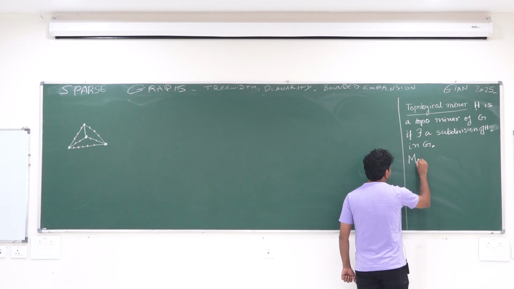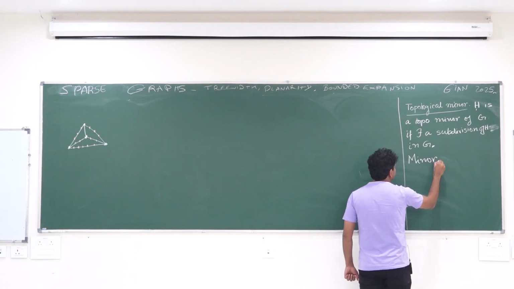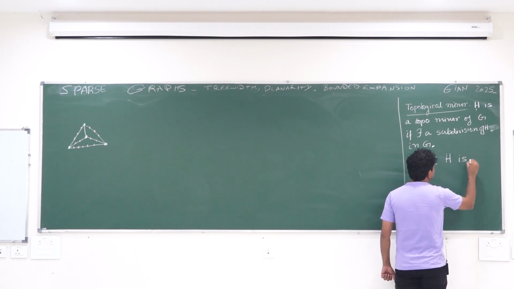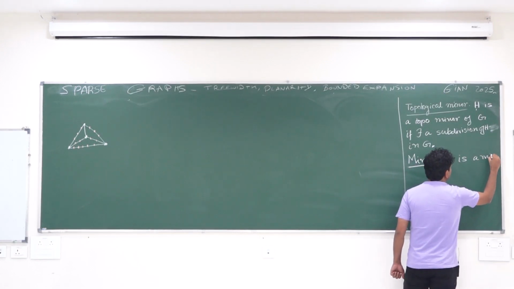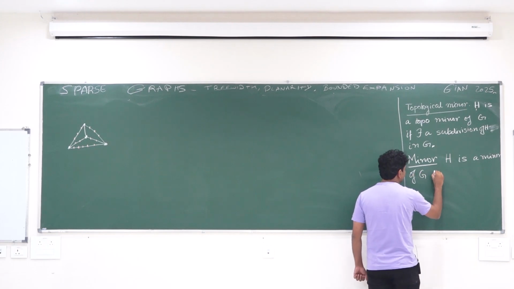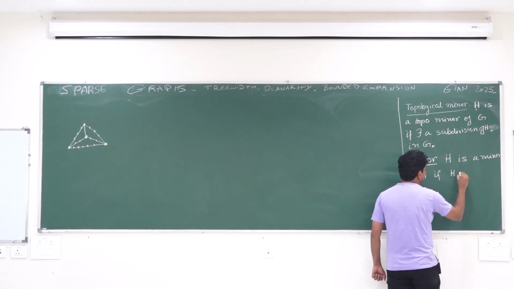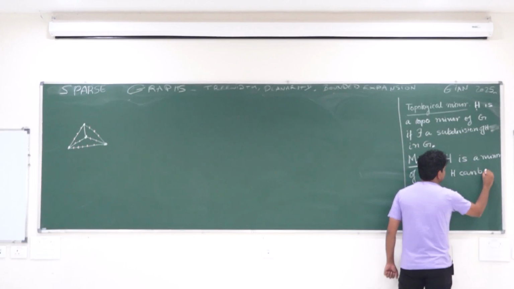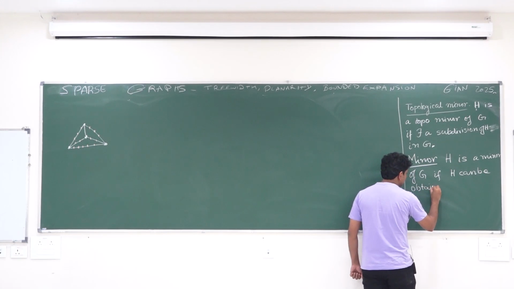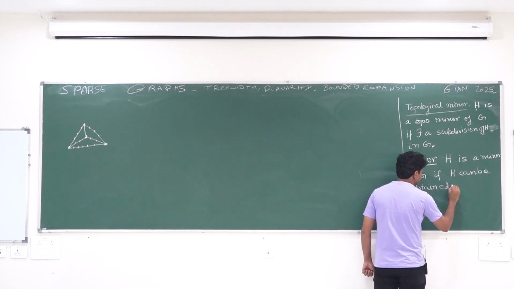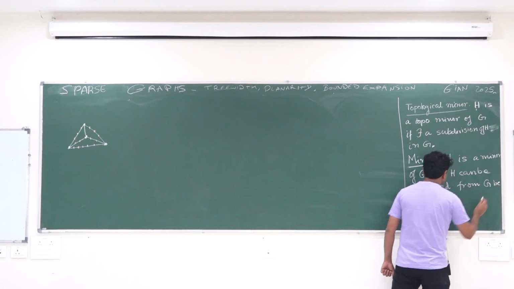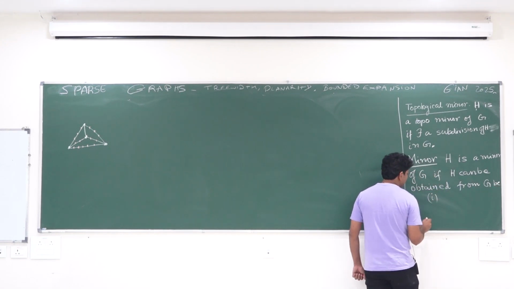Next one is minor. H is a minor of G if H can be obtained from G by 2 operations mainly.